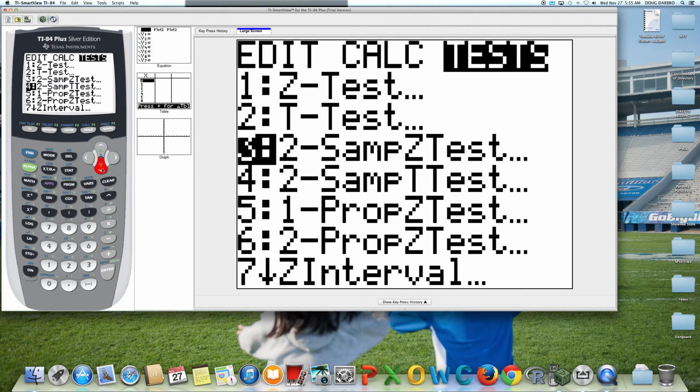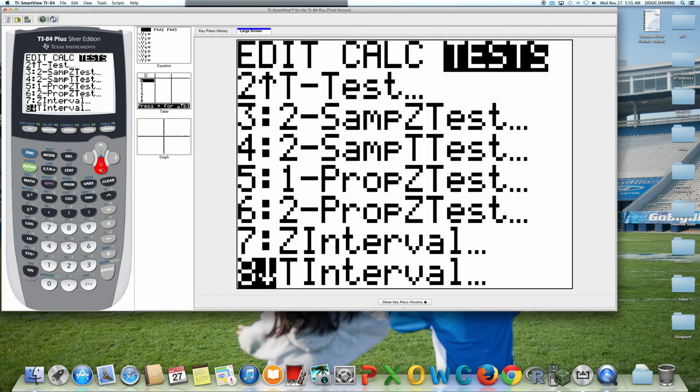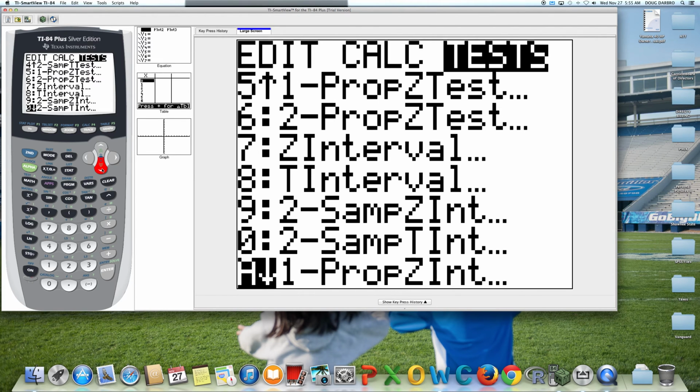Takes a while to get there. Again, don't get sloppy. Don't choose a test because that's not what you need here. The problem clearly asks for the margin of error for a 95% confidence interval. So this is what we have to do.